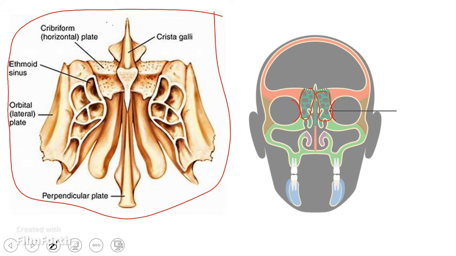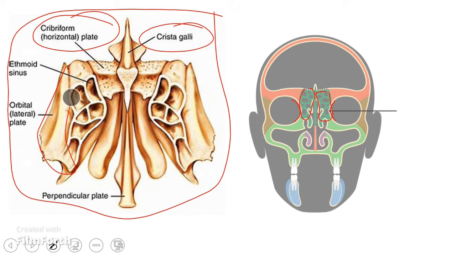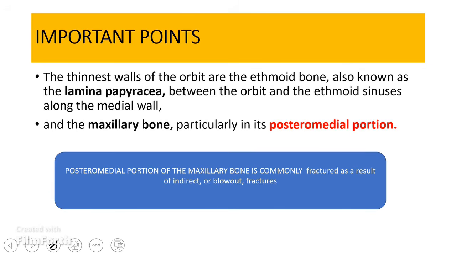So you can see there are various parts of the ethmoidal bone, but what is important for us is that the lateral part of the ethmoidal bone will actually form the medial wall of the orbit, okay, and it is in close proximation to the ethmoidal sinuses, and this is the reason why ethmoidal sinus infection can actually spread into the orbit as well.